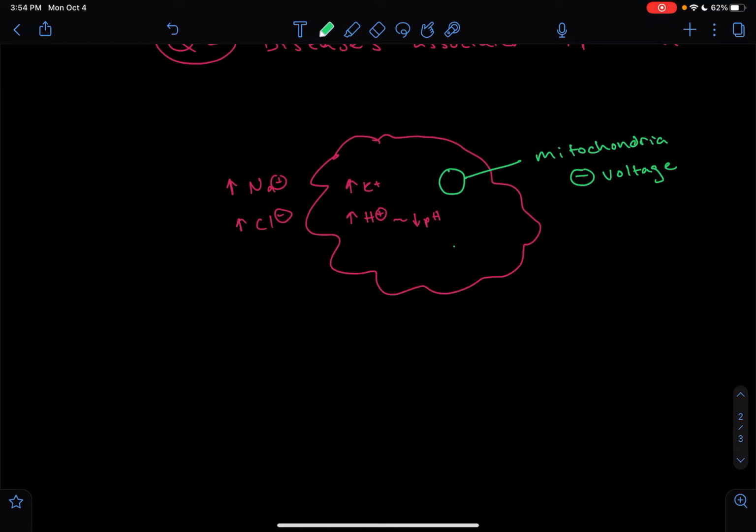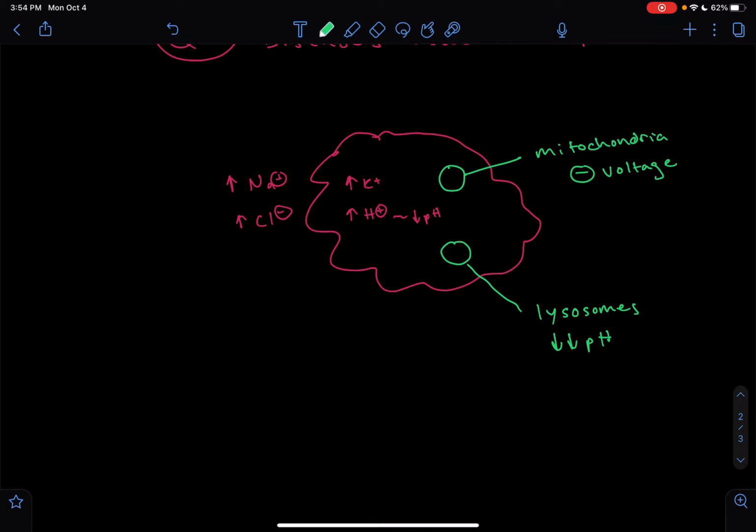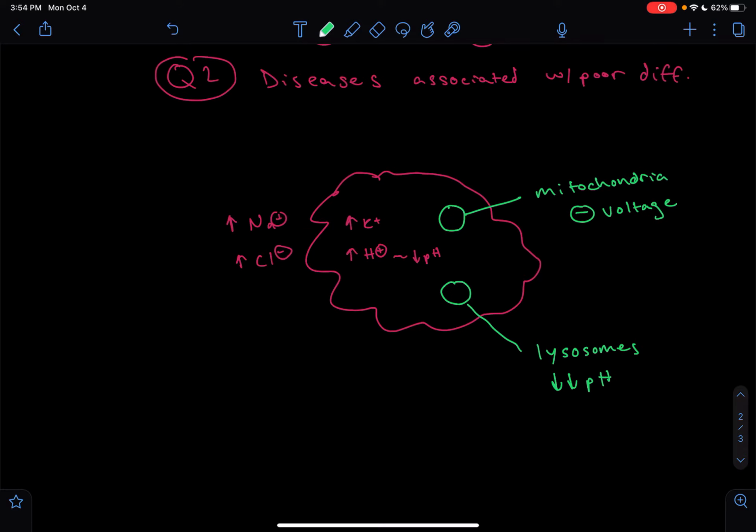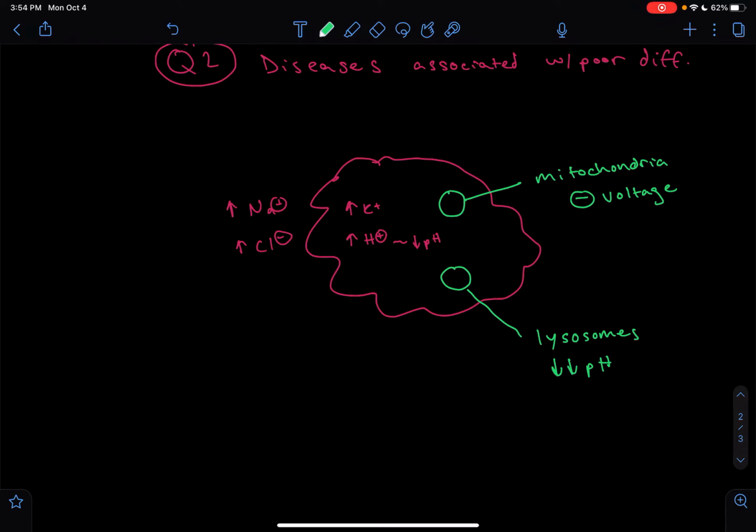And then if we're dealing with lysosomes, which have basically things that break down different proteins and stuff like that, that's going to have a lower pH, right? So lysosomes are going to have an even lower pH. So all those to keep in mind. Again, all of these membranes allow for that difference to occur. You need the membrane for that negative voltage. You need that membrane for a lower pH.